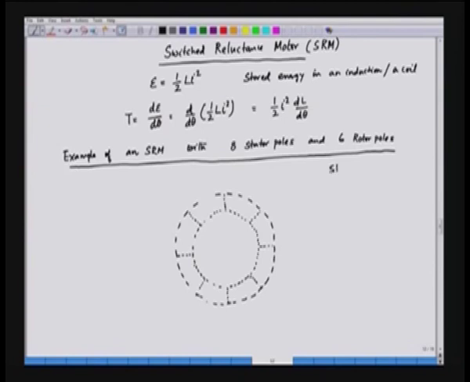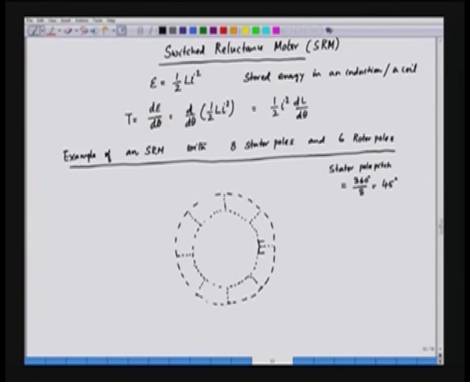So, the stator pole pitch is equal to 360 by 8, that is 45 degrees. So, we can draw the stator poles here.